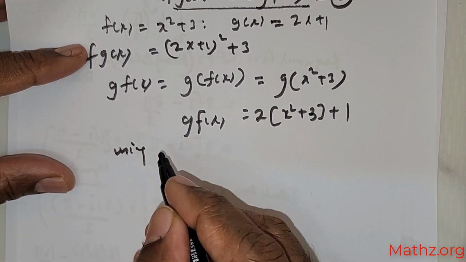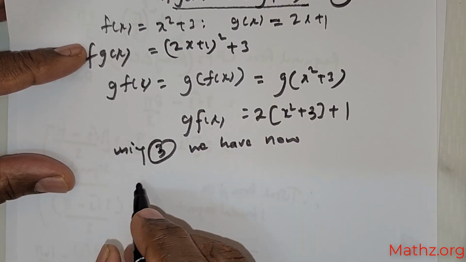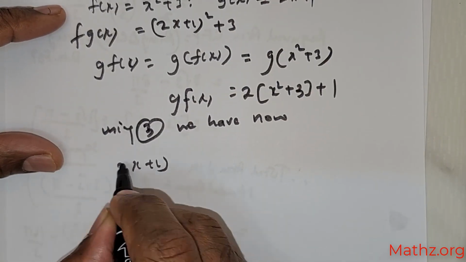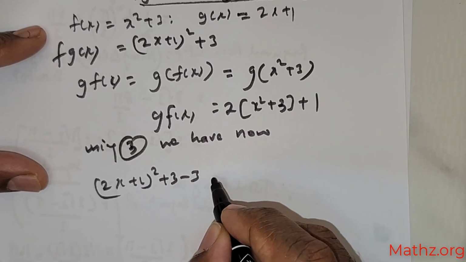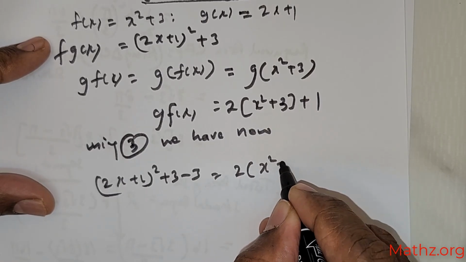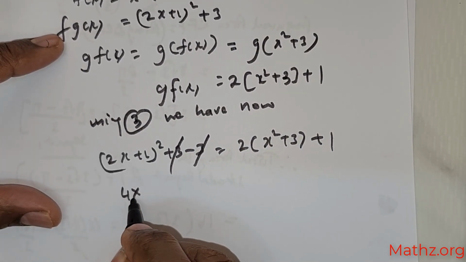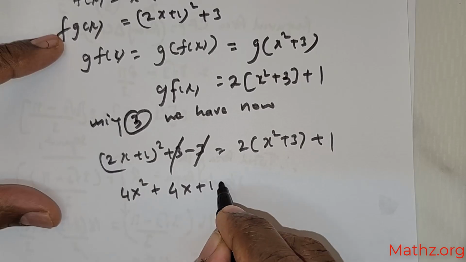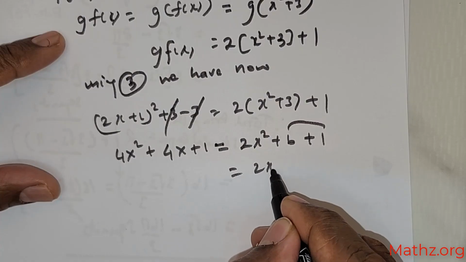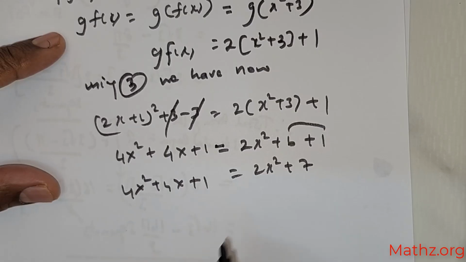So what do we have now? fg(x) is (2x + 1)² + 3 - 3 = gf(x), that's 2 times (x² + 3) + 1. The plus 3 and minus 3 go off, you expand this, you get 4x² + 4x + 1 = 2 times x² + 6 + 1. You add these two things, you get 2x² + 7. You get 4x² + 4x + 1.